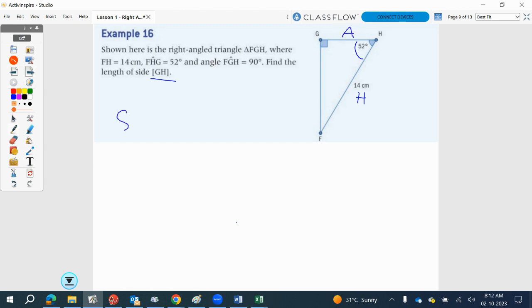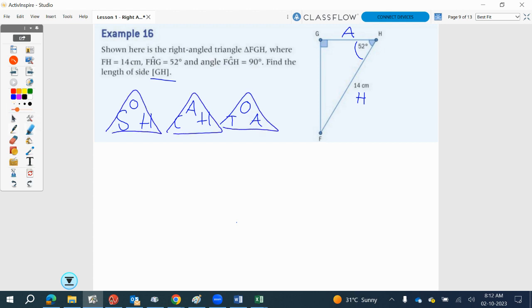So if we write our SOHCAHTOA like this. I have an angle, I have a hypotenuse, and I am after an adjacent.